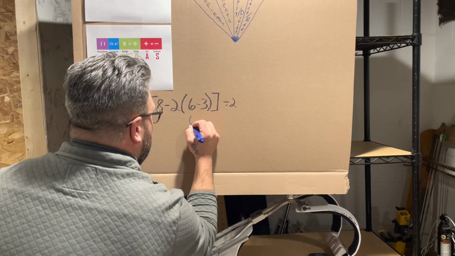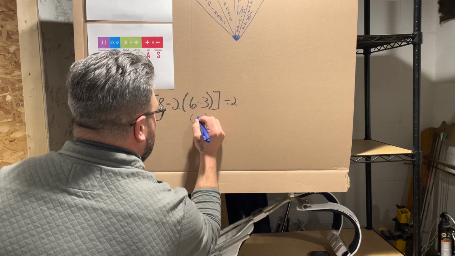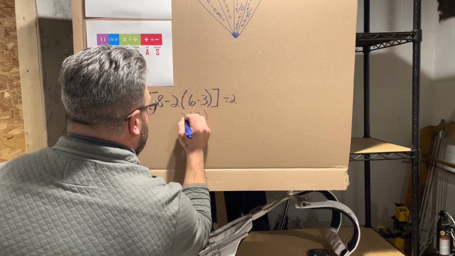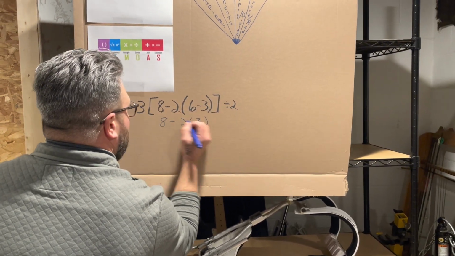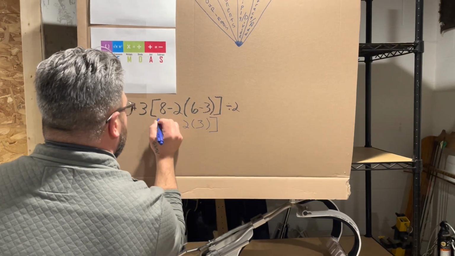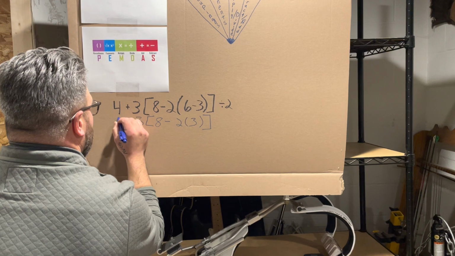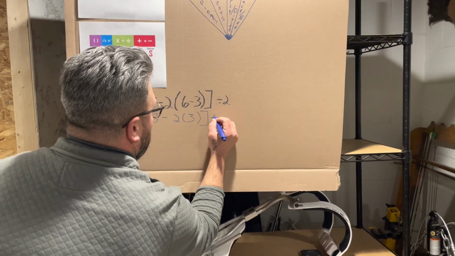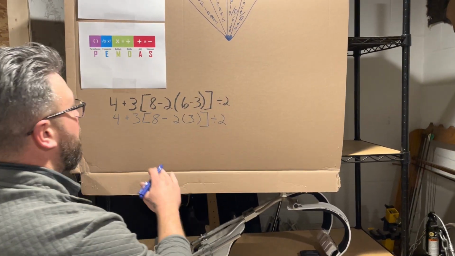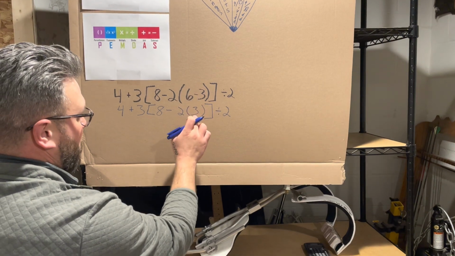So we have, in this parentheses, 6 minus 3 is 3. And I'm just writing this out, and I'm going to keep going along with it. So now we know 6 minus 3 is 3.